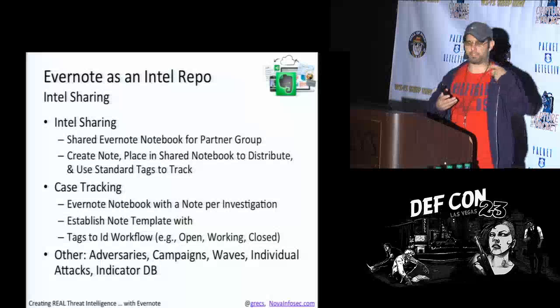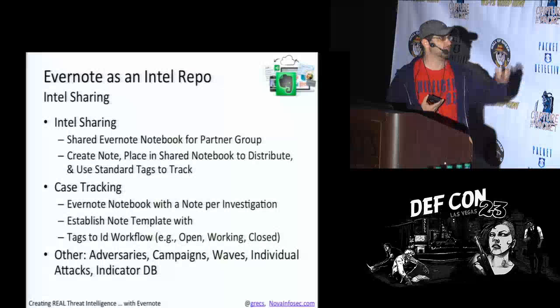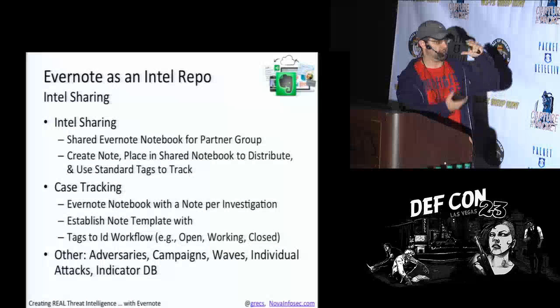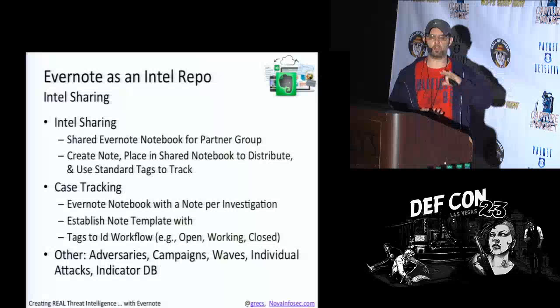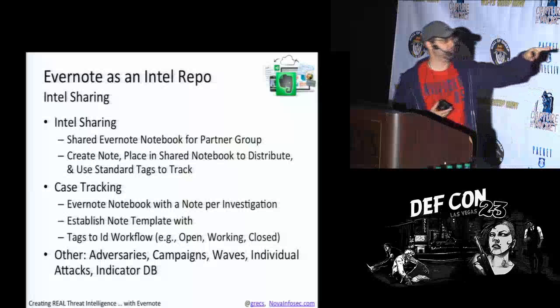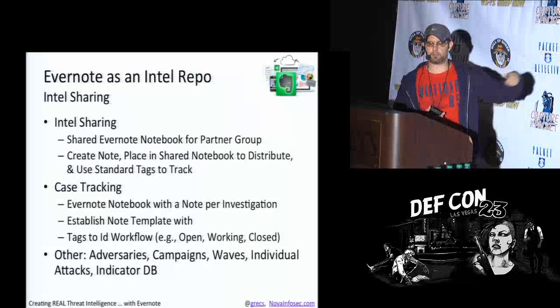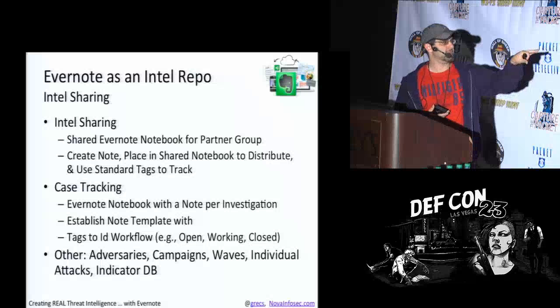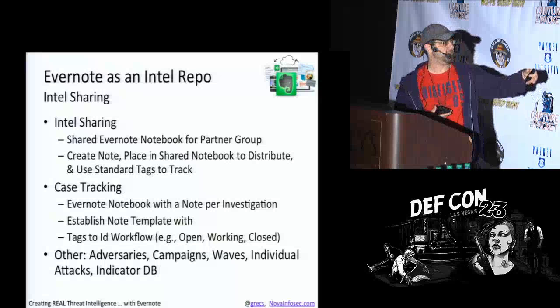As you build your intel and learn more and more about one adversary, you can have a notebook, and within it each note would be associated with a particular adversary. The cool thing about that is I can tag that with my case tracking system, so I could easily look at a particular adversary and see all the cases that are associated with it.